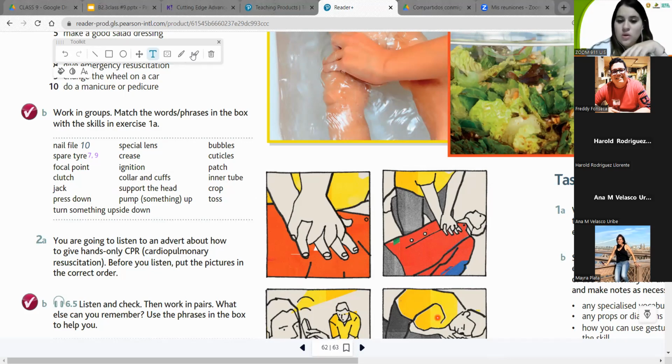Guys, I'm going to do the roll call because there are some people missing. So while you finish the task, I'm going to do the roll call again.